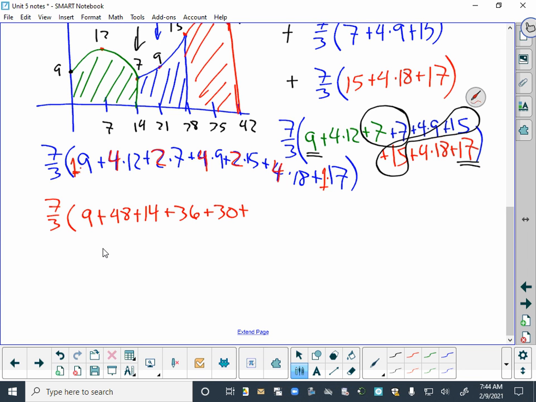Plus 30 plus 4 times 18, 40, 32, 72, plus 17. 9 plus 48 is 57, 67, 71, 107, 137, 209, 226, I think is what those add up to.